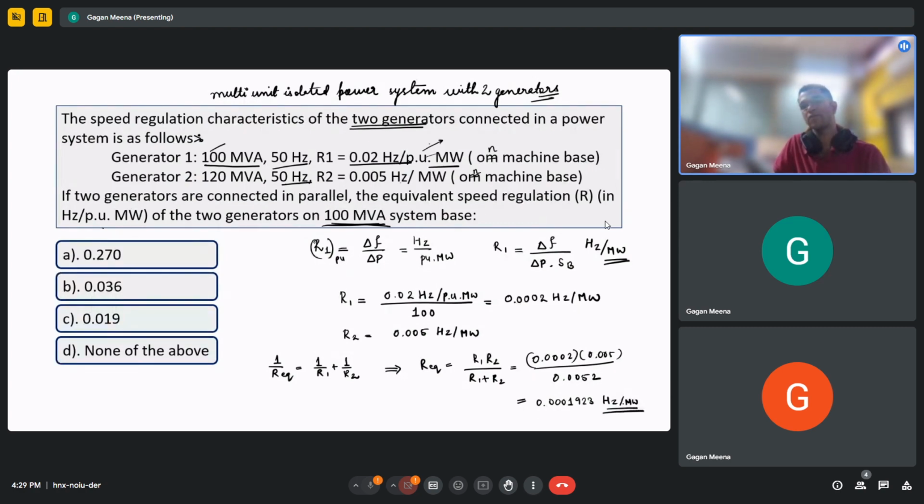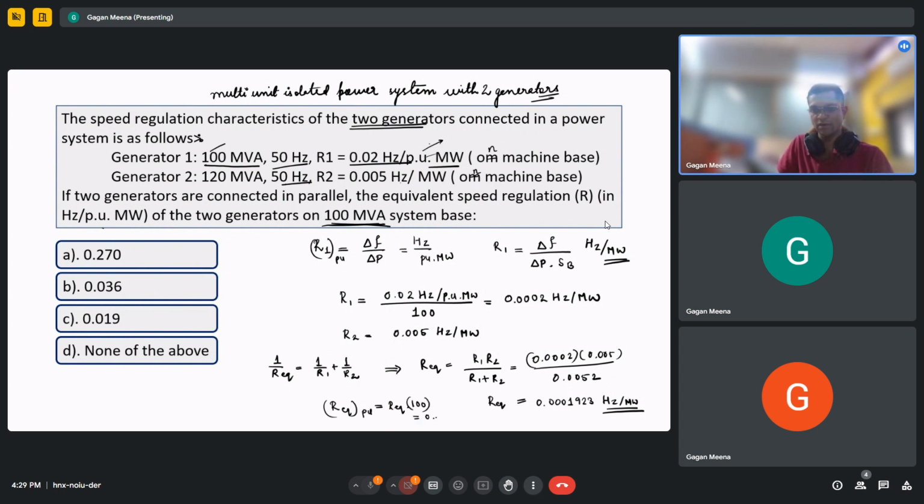Now if you want to find out per unit, then you need to multiply it by system base. So this one is Req, and Req per unit is equal to Req into 100.